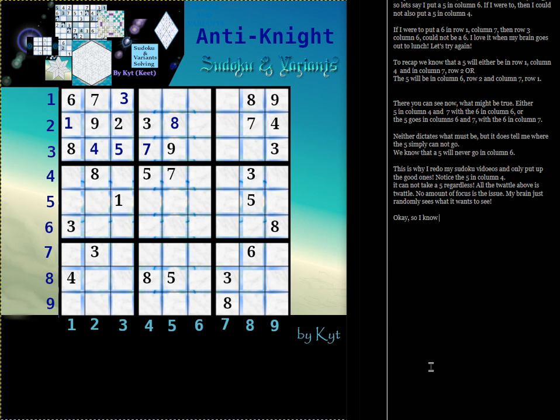Okay, so I know a 5 cannot go in column 4.